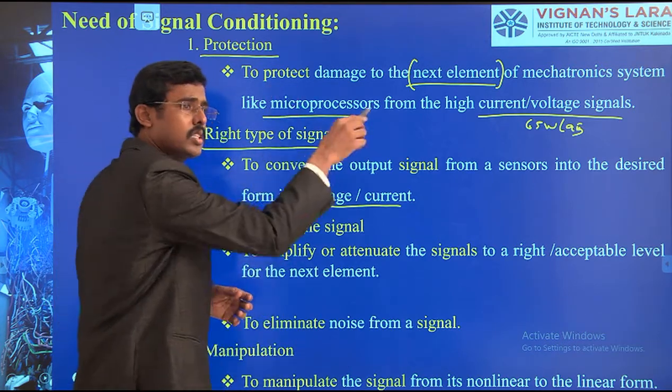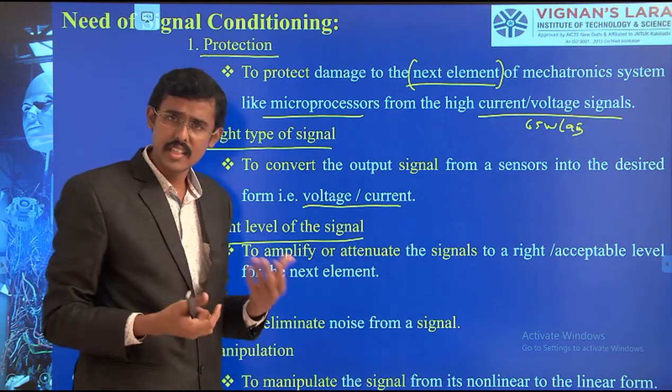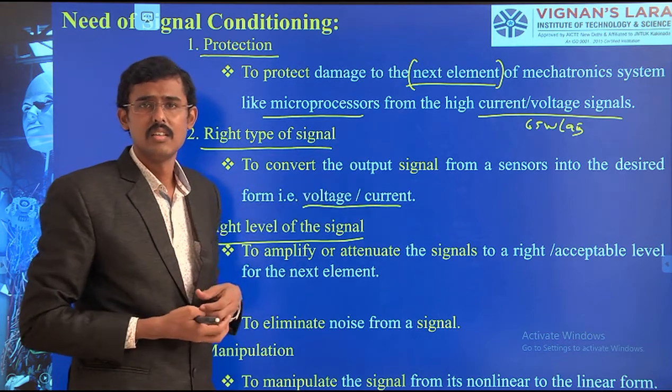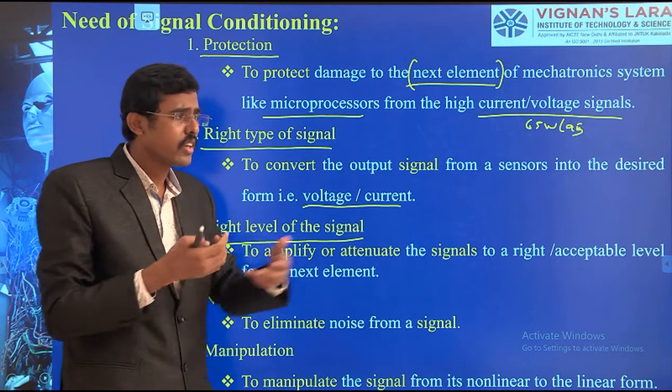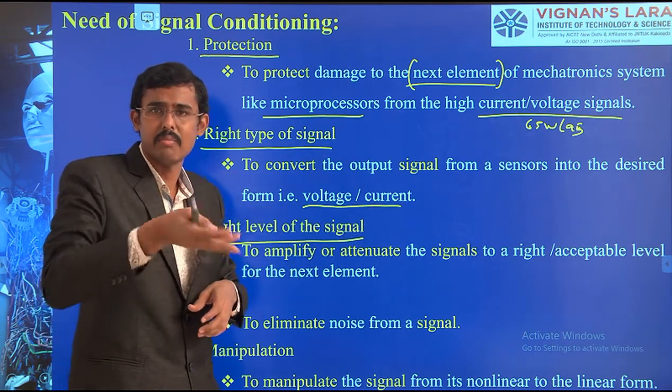We need the right format and the right level of signal. It may be voltage or current, but if it is very high, it is not possible to hear, the frequency is very large, or it is not possible to see, or color changes may happen.